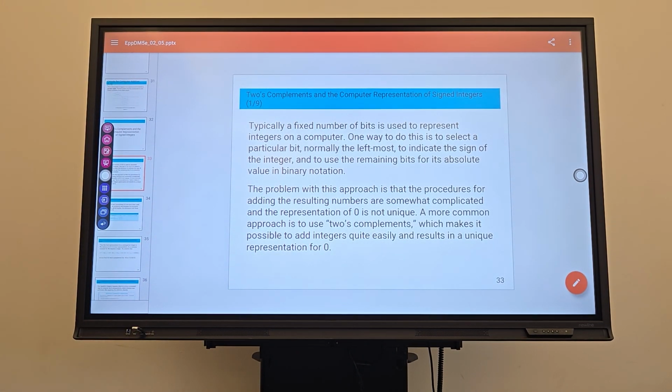Typically, a fixed number of bits are used to represent integers on a computer. Like I was talking about earlier, old computers are 32-bit, modern are more 64-bit. But the leftmost bit, the high bit, is typically used to represent the sign of the number.